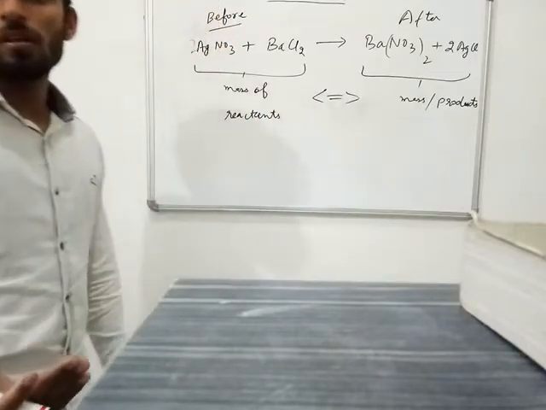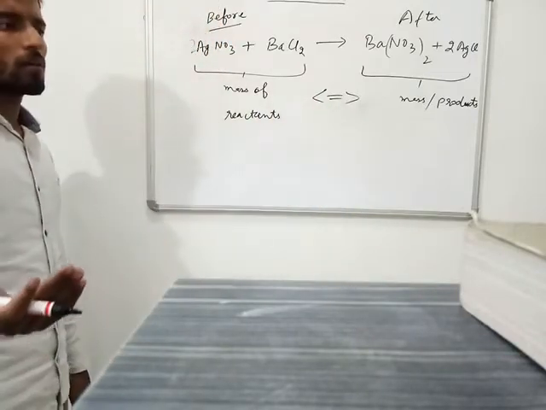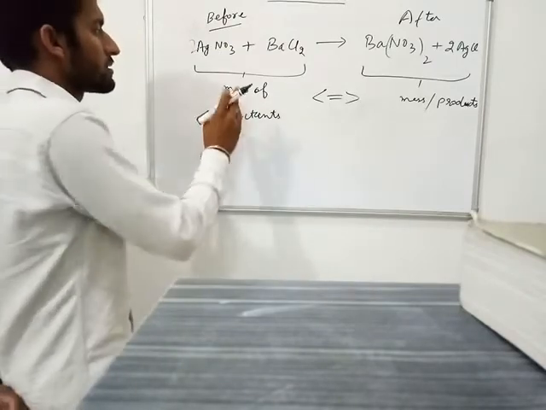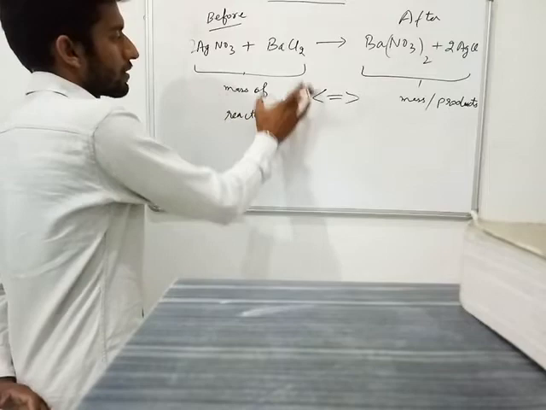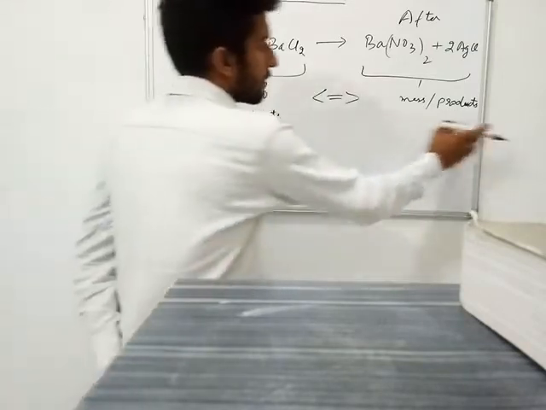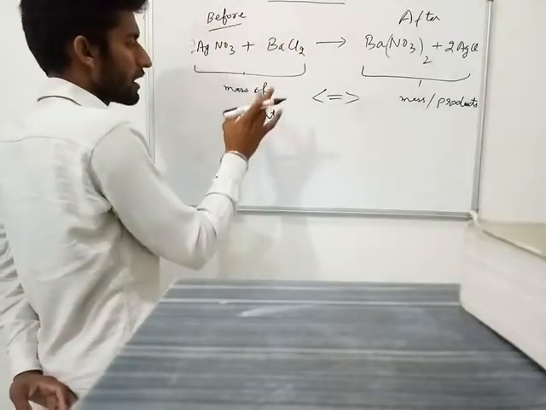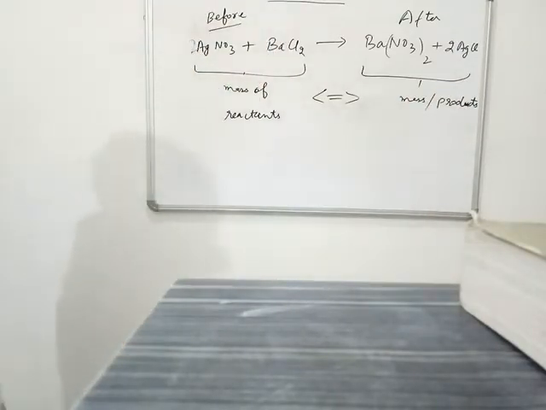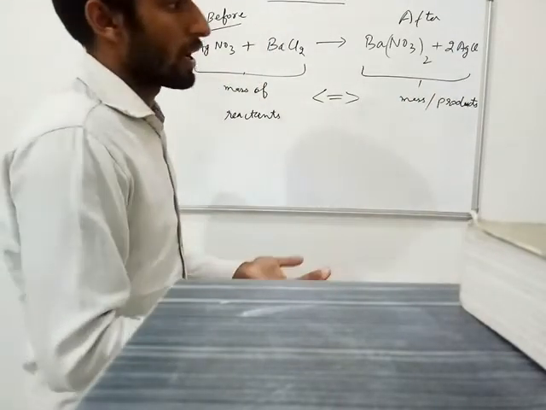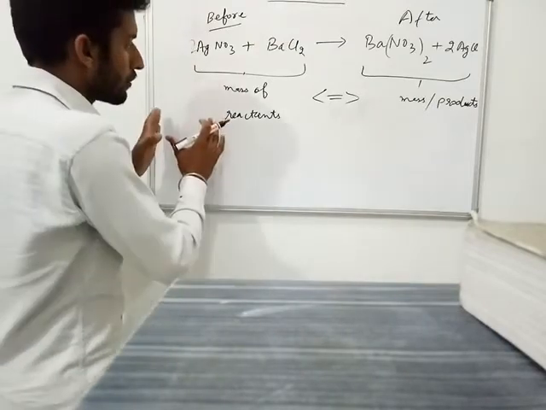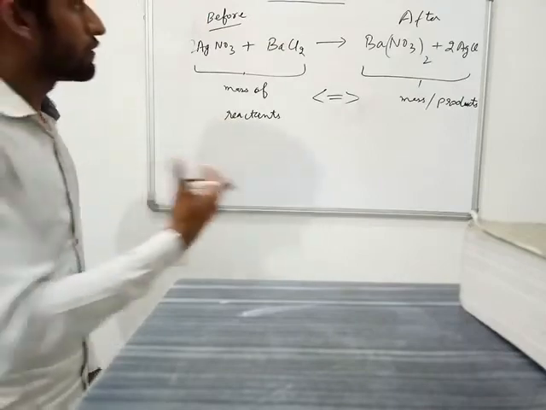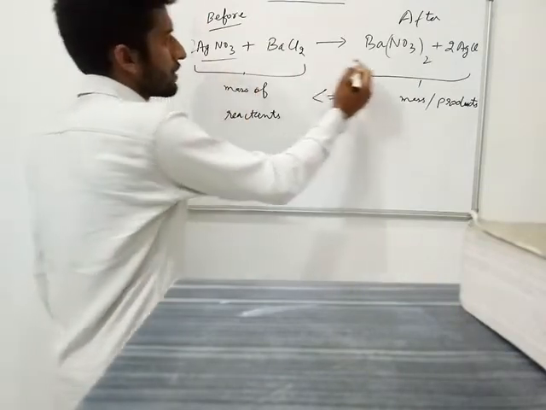So this is the general basis for conservation of matter, that before the reaction and after the reaction, the mass of the reactants and that of the products is always equal. It is neither destroyed, nor can we create any new substance of our own. What we can do is only change the form.